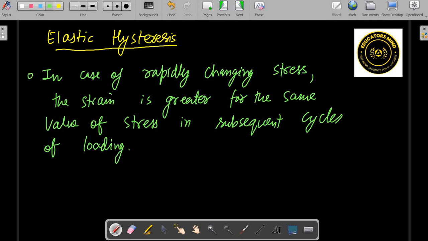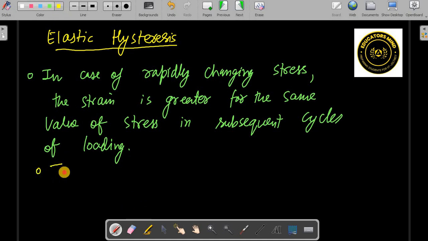Okay, so suppose if your body is getting subjected to a lot of stress, again you keep on removing the load, again you start loading. That means loading and loading happens. The behavior, they say that the strain is lagging.